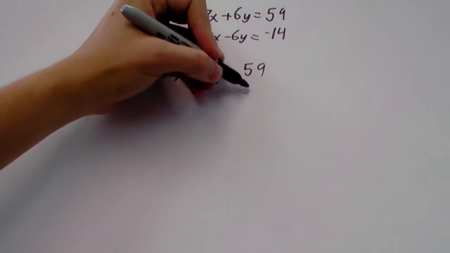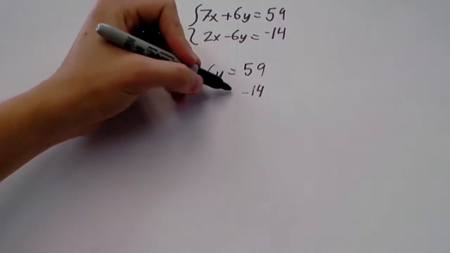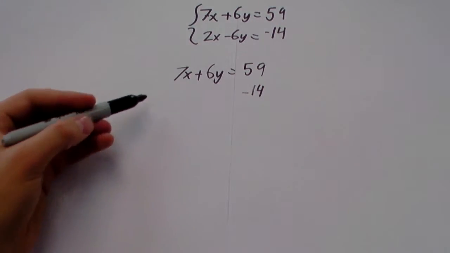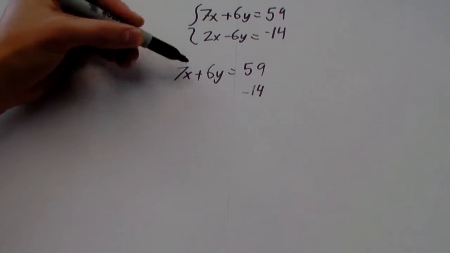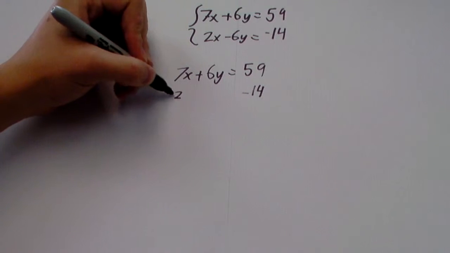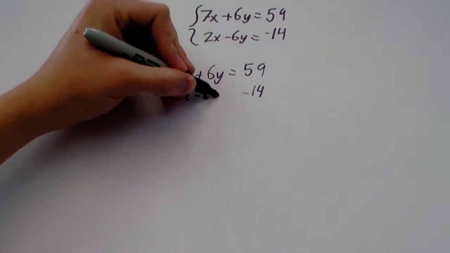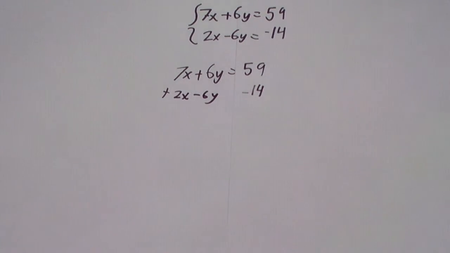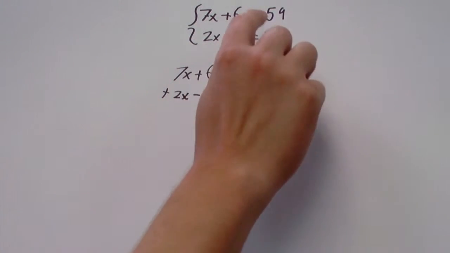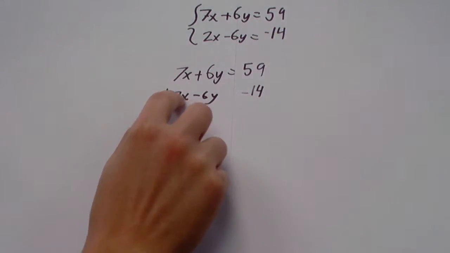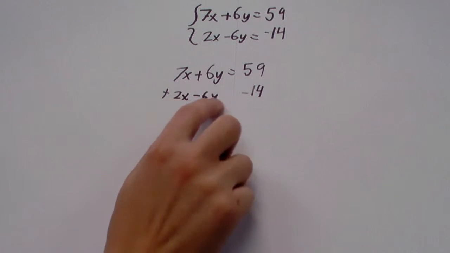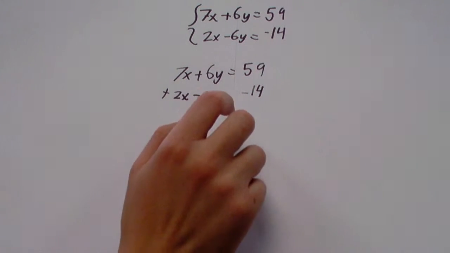So on this side I'm going to subtract 14, and on this side I'm going to subtract 14, but instead of writing negative 14, I'm going to write plus 2x minus 6y. And the reason I'm going to do that is because 2x minus 6y is equal to the negative 14, so we can just subtract negative 14 by adding negative 14, or 2x minus 6y.